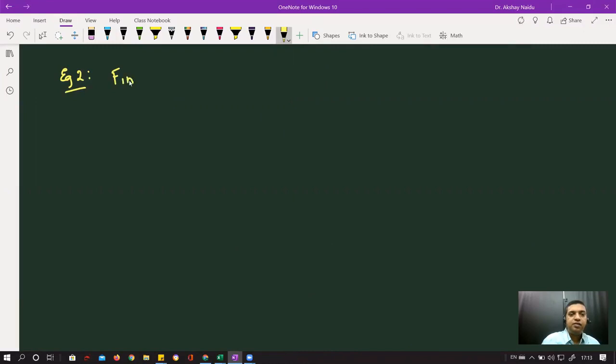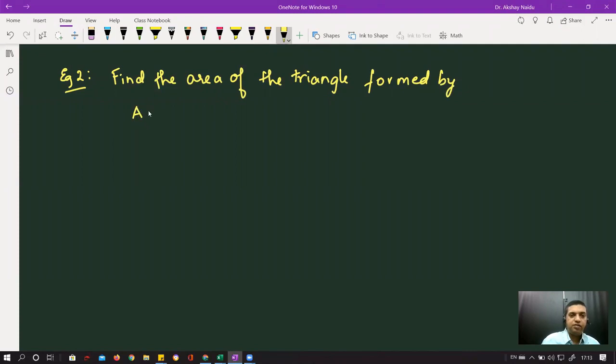Find the area of the triangle formed by A (2, 0), B (5, 0), and C (6, 3 comma minus 4).